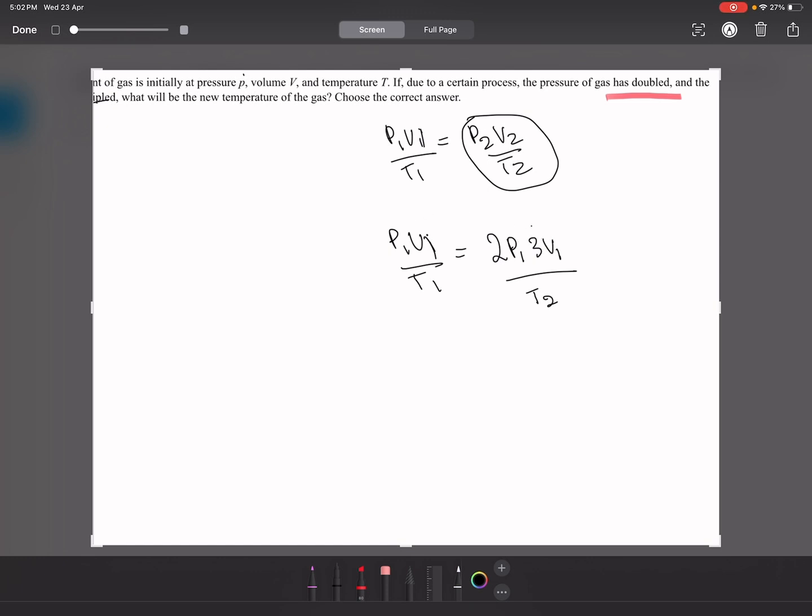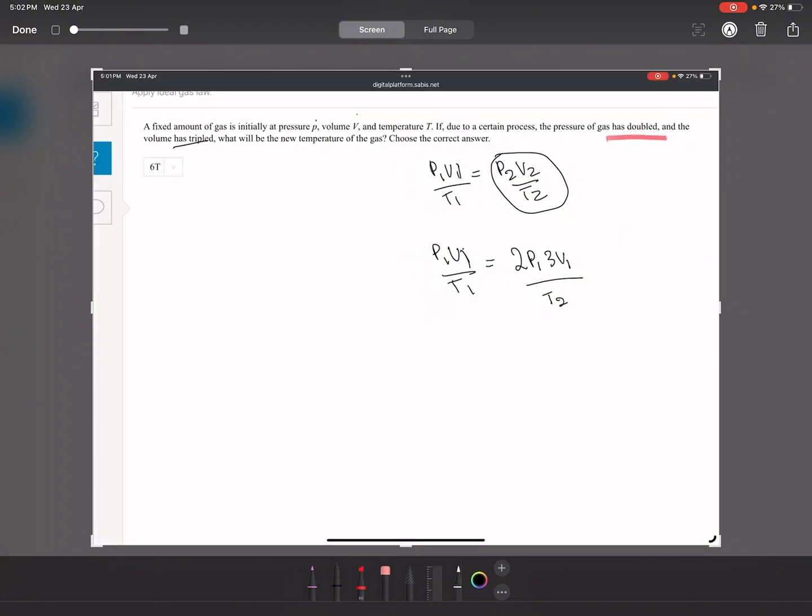Same thing here. The volume is triple the initial, so it's 3 times V1. Meaning now you can cancel these out. But before you do that, let's simplify. 2 times 3, 6. So P1 V1 over T1 equals 6 P1 V1 over T2.